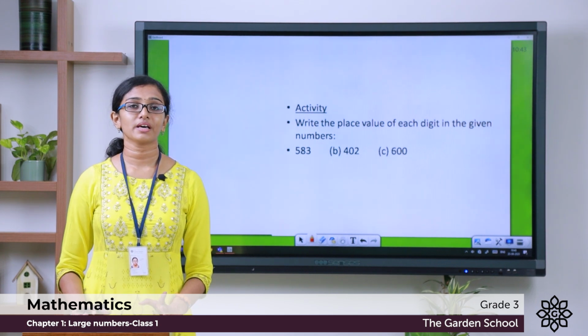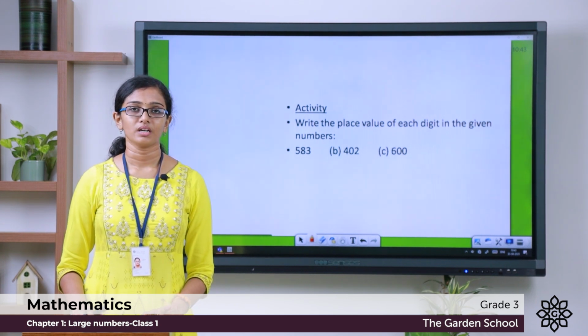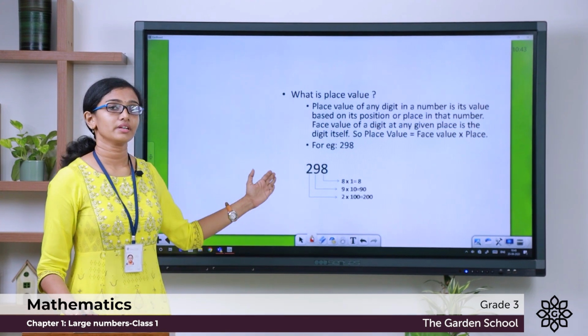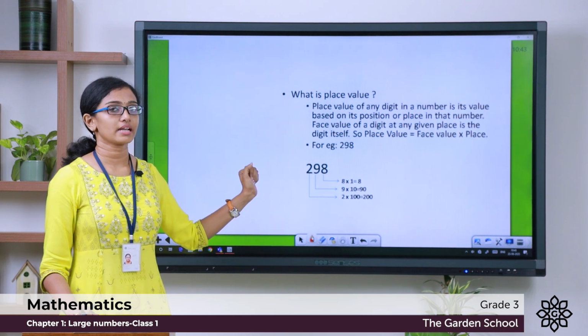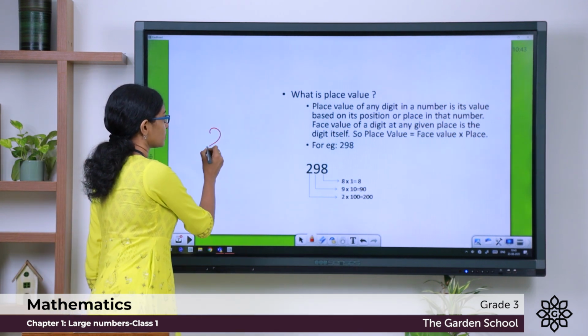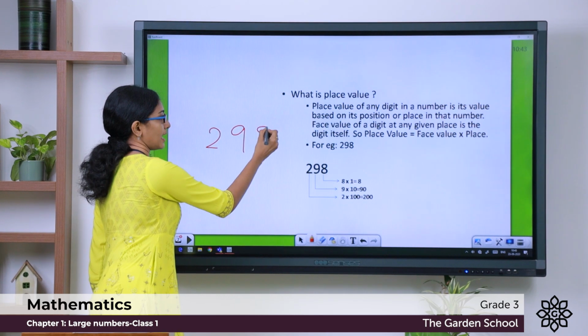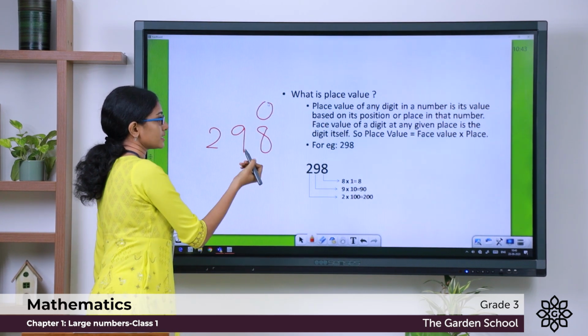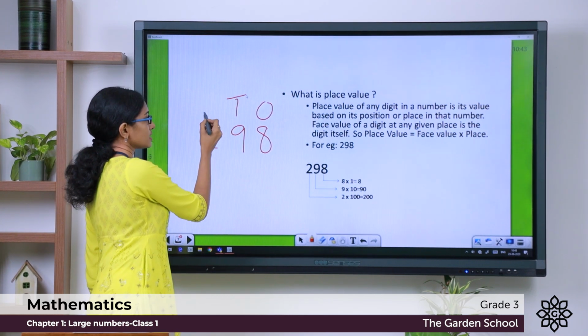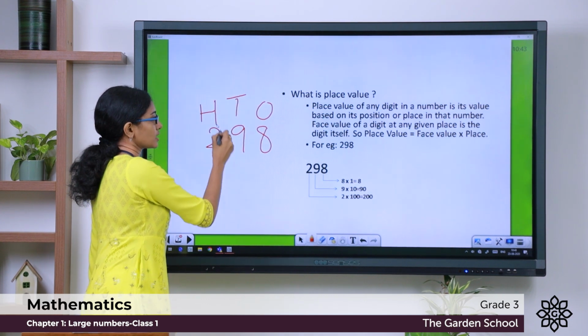So let's see what the place value of a number is. Place value of a digit in a number is the value of the digit in that particular position or place in the given number. For example, here I have shown you a number 298. This 298 has 8 in 1's place, 9 in 10's place and 2 in 100's place.